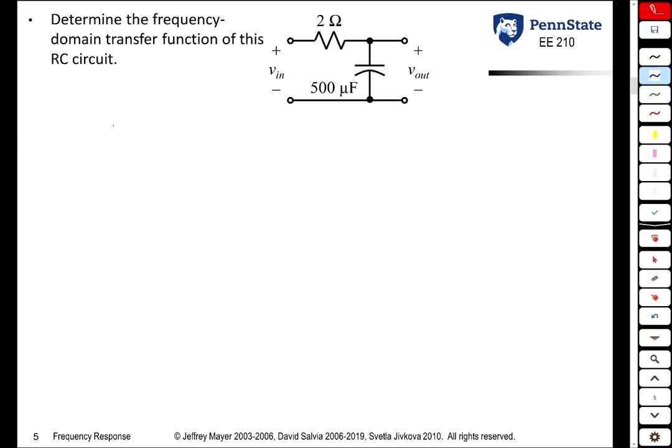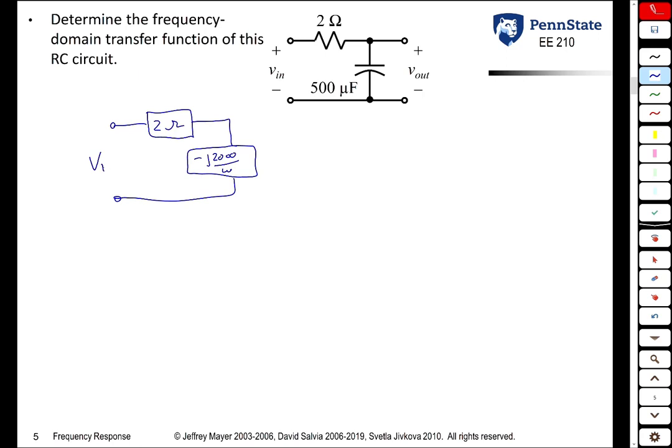So the first thing we would do is convert everything to the phasor domain. A 2 ohm resistor remains 2 ohms. A 500 microfarad capacitor becomes minus j over omega C. So we get minus j 2000 over omega. And notice we're leaving omega as a variable here.